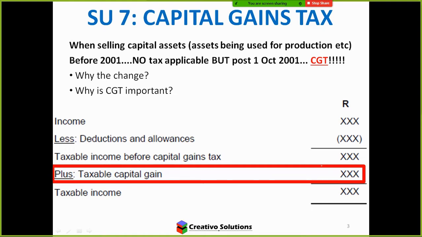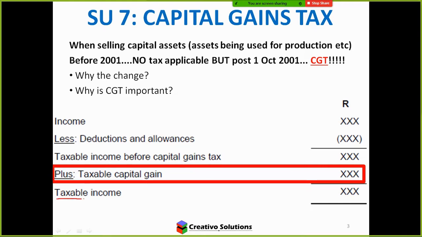So accountants have been calculating the gain or loss on the sale of an asset, but from a tax perspective, it wasn't something that was considered. But now it is obviously part of legislation, and since 2001, it's incorporated as part of the taxable income calculation.